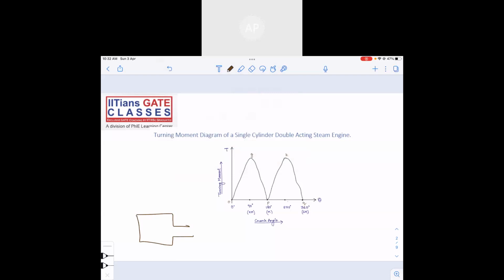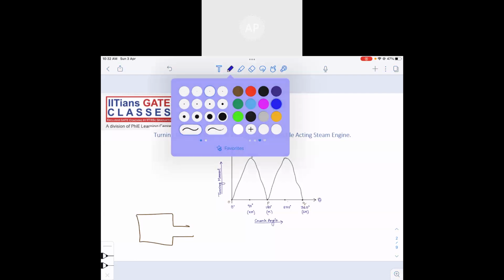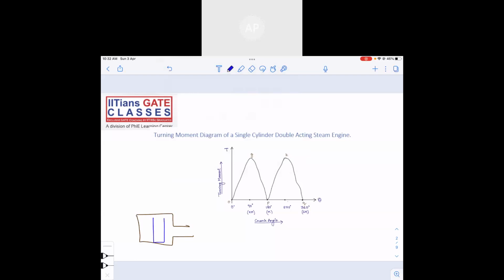Double acting means there will be forces from both the sides, right? So this becomes basically a kind of a two-stroke engine, not exactly, because suction, compression, power, exhaust are happening on both the sides.